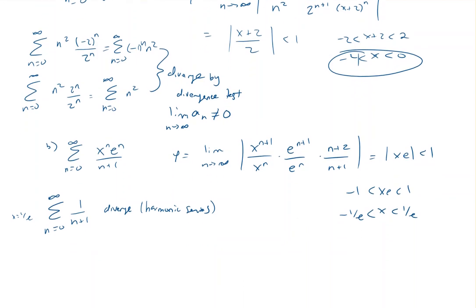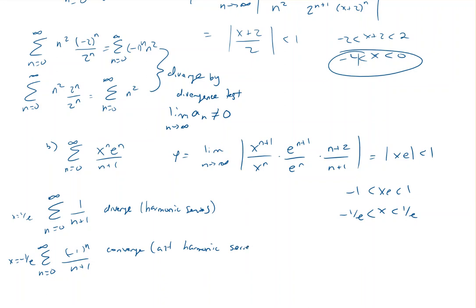What about this other guy? Plug in negative 1 over e. Well, that is going to become negative 1 over n. And this converges because it's the alternating harmonic series.